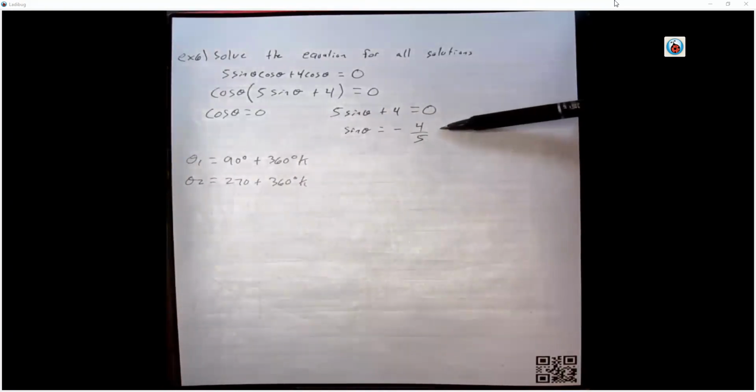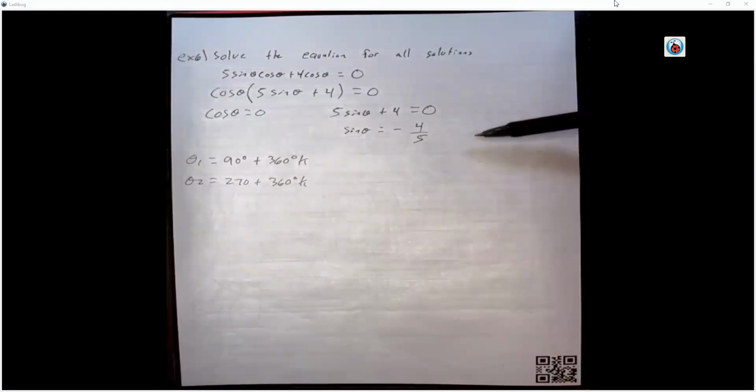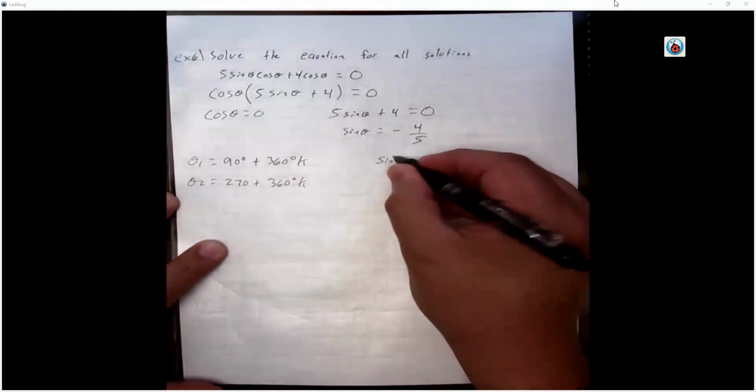Now look at this guy. This will require your inverse sine. We have no choice. 4/5 is not in the circle, not a known value.